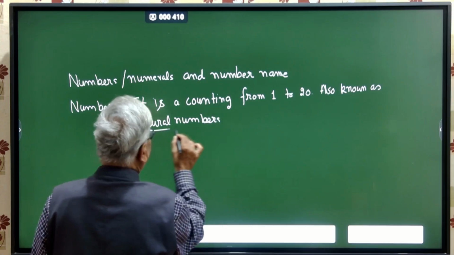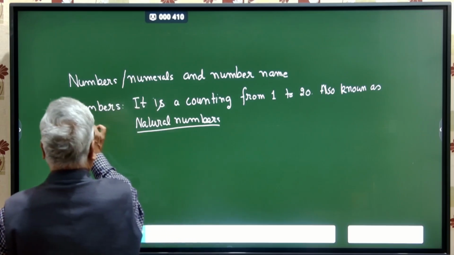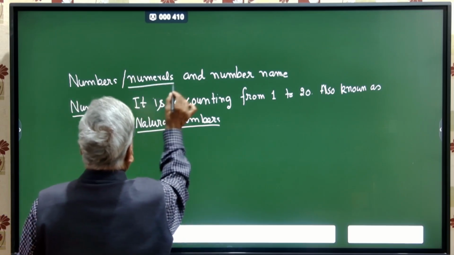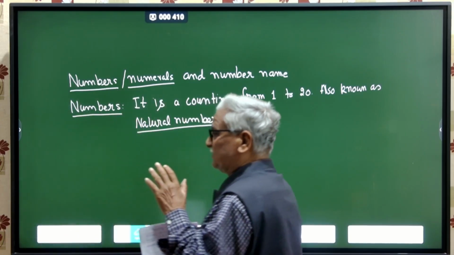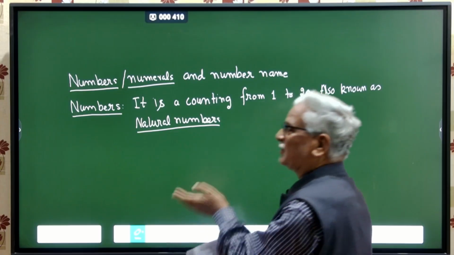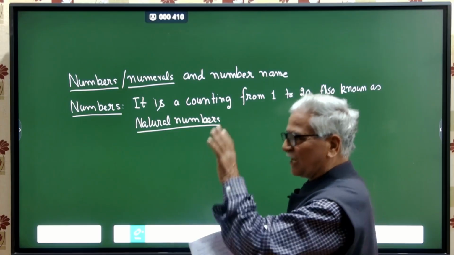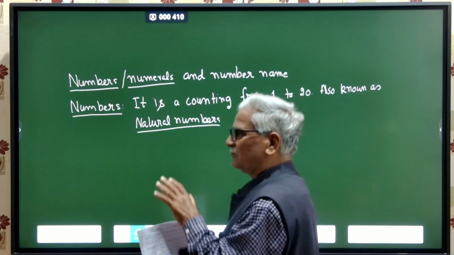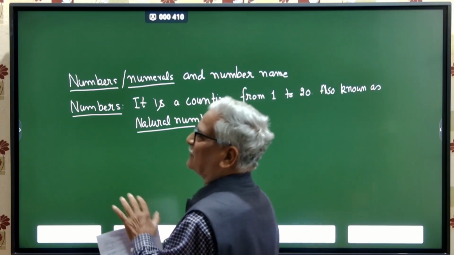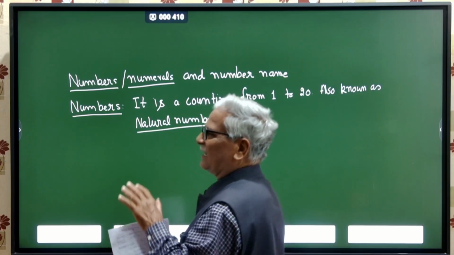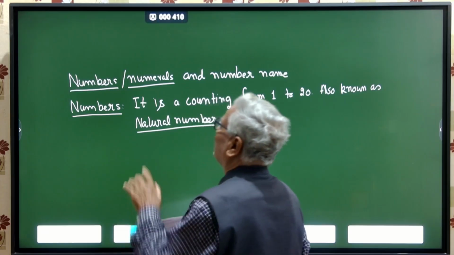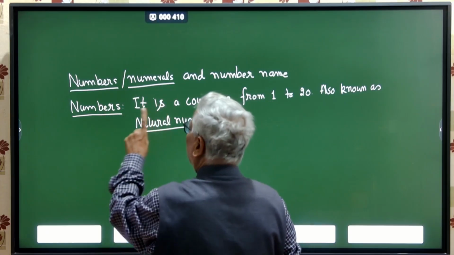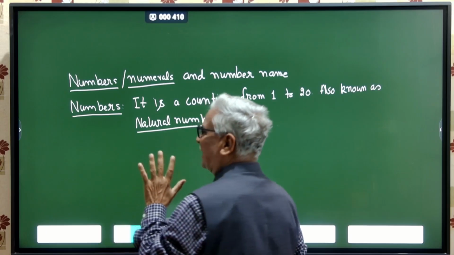That means the natural numbers and the numerals, all these are the same. Generally in the later stage, natural number is used, but in the beginning, since counting is told about 1 to 20, it should be easier and convenient for the students to understand that numbers, numerals and natural numbers are the same.